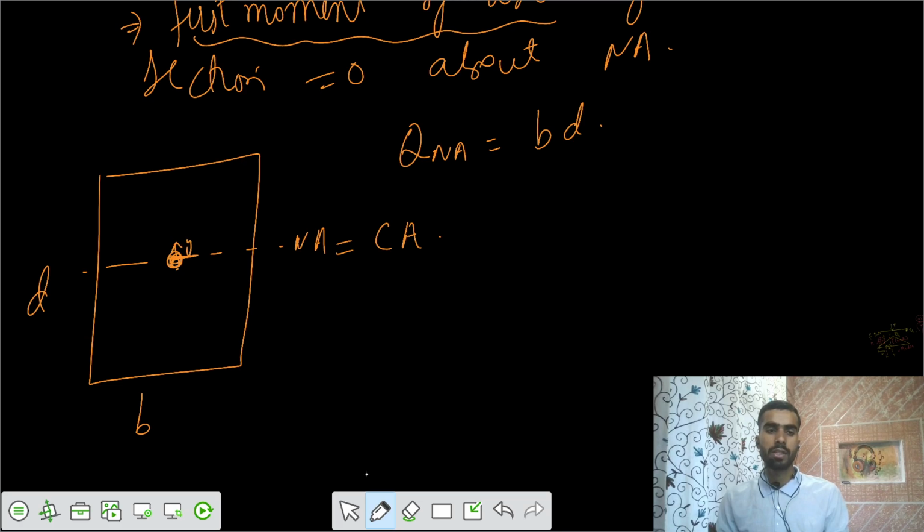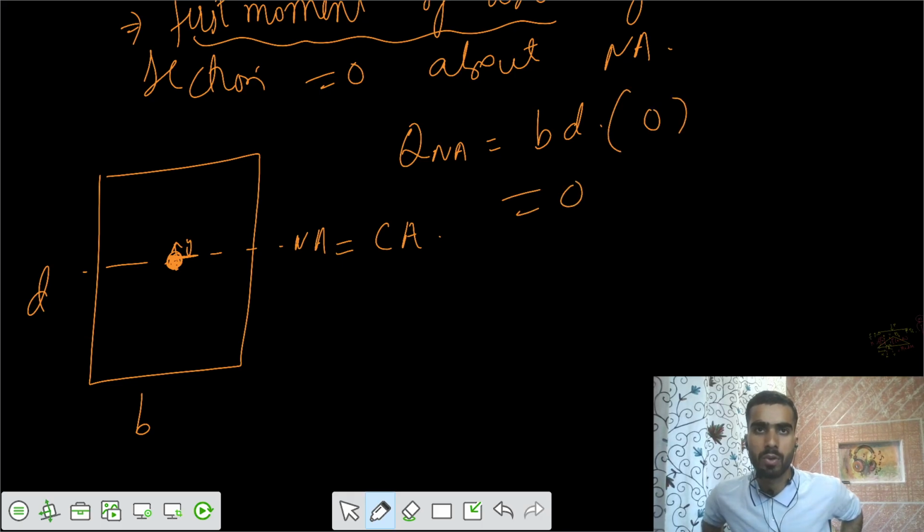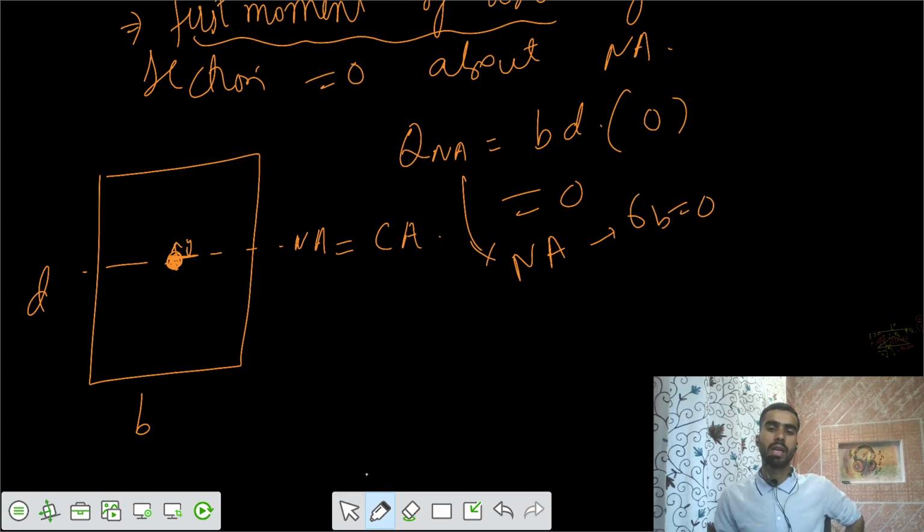We know the centroid is at the location of the centroidal axis itself, the neutral axis. So BD into 0. That means the first moment of area about the neutral axis is 0. That's the definition of the neutral axis also: it has bending stress 0, and next, the first moment of area is also 0 here.